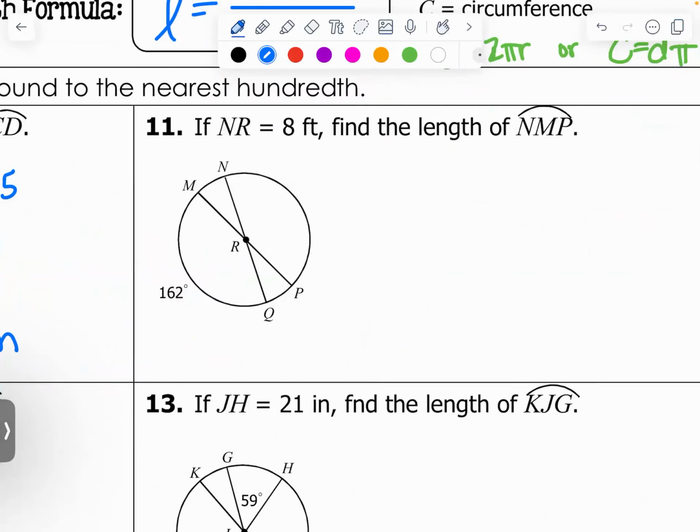Okay. So let's talk about NMP. Okay, if this is 162, what's this cute little angle right here?